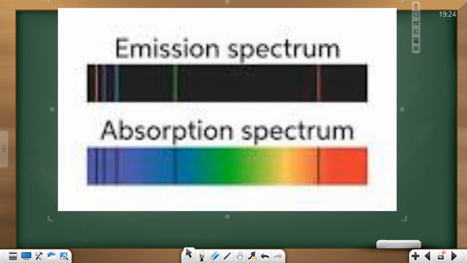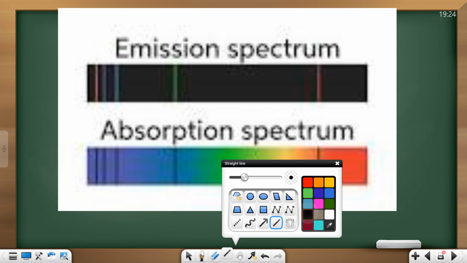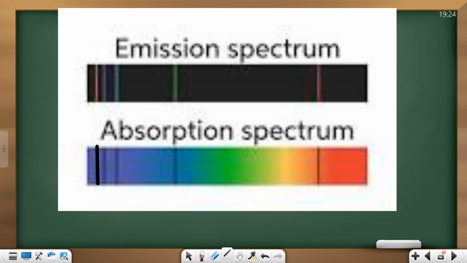So you can see the one down, that's the one we're talking about, absorption. Colorful lines and black background. Those black lines tell you that the photon responsible for that has been removed. There was a time I did a demonstration for those of you that I taught, if you remember. All right, that is my absorption spectrum.